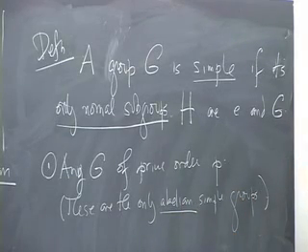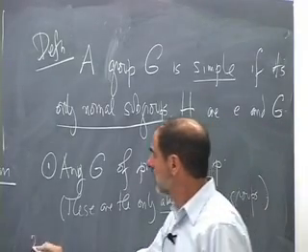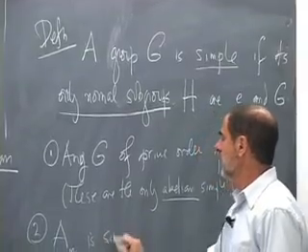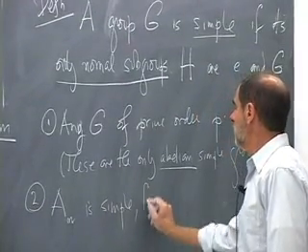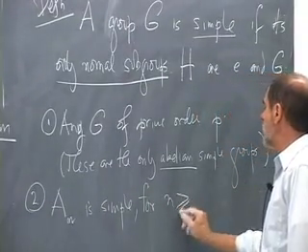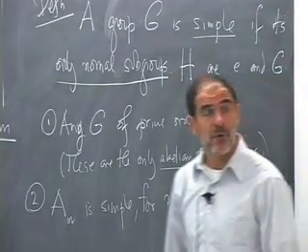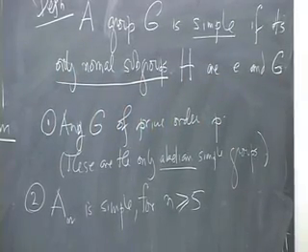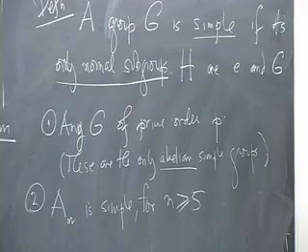Other examples of simple groups. Well, we're going to show the alternating group on n letters is simple for n at least 5. I'm going to prove that for you later on. So that's an example of an infinite number of finite groups that have no normal subgroups.